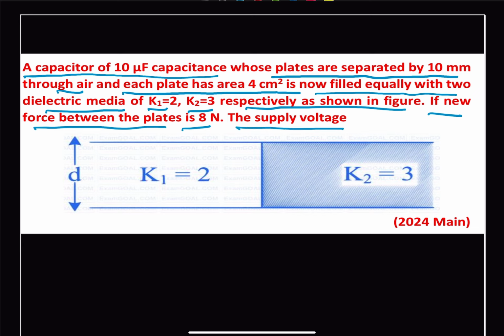We have two dielectrics K1 and K2, with respective values 2 and 3, and the distance between the plates is given as D. This question is a little bit tricky, and there was a difference between the answer mentioned by NTA and the solution provided by many people.